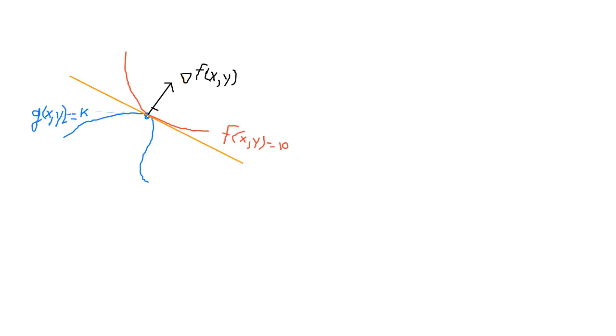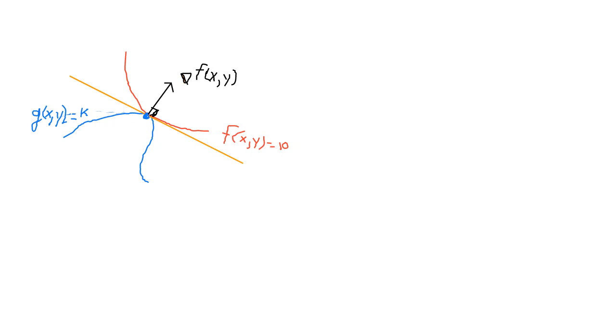And we know this is a right angle here. So far so good. The gradient vector is perpendicular to the level curve at that blue point there.